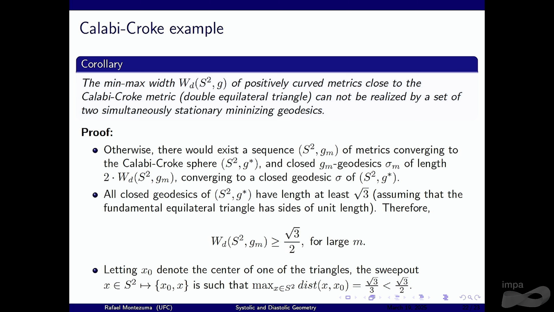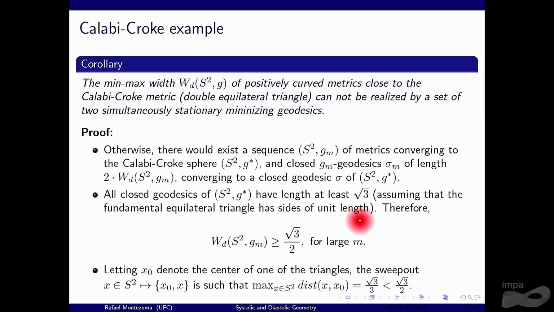Otherwise, if you have a sequence of metrics in this situation converging to the Calabi-Croke sphere, you would have a sequence of closed geodesics in these metrics converging to a closed geodesic in the Calabi-Croke sphere.